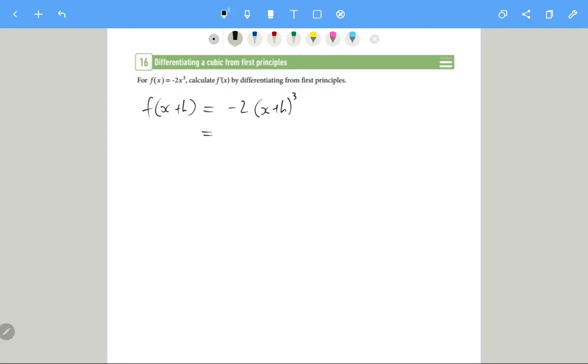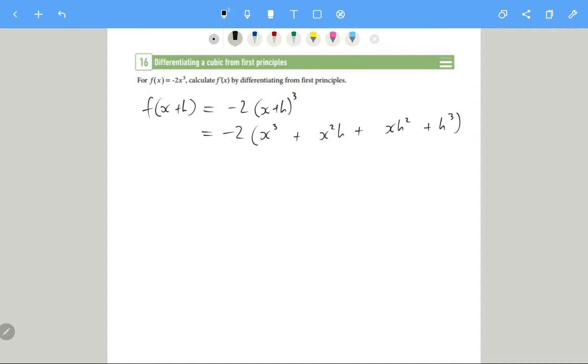Alrighty, I'm going to be using the binomial distribution, which means using Pascal's triangle to expand this. However, of course, you could always do this by splitting the brackets into x plus h squared times x plus h. x to the power of 3 plus x squared h plus x h squared plus h to the 3.